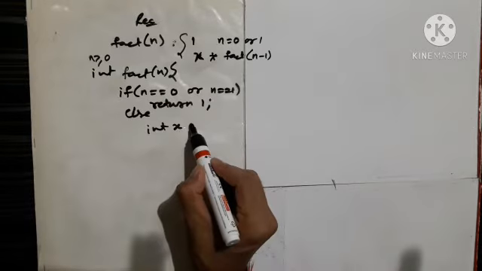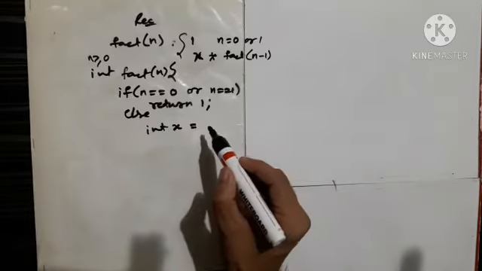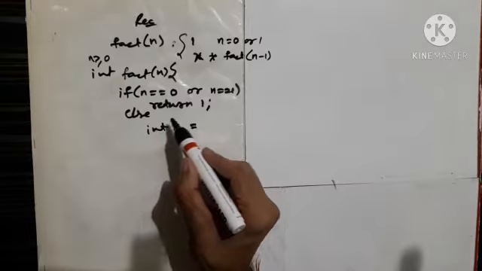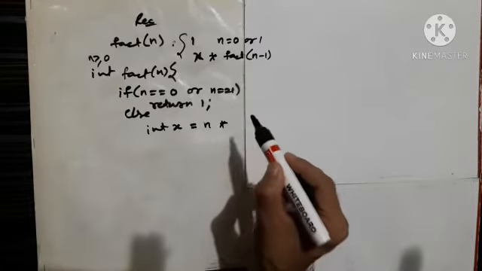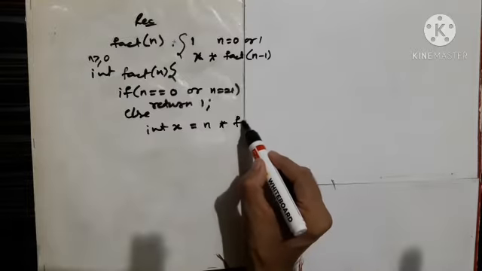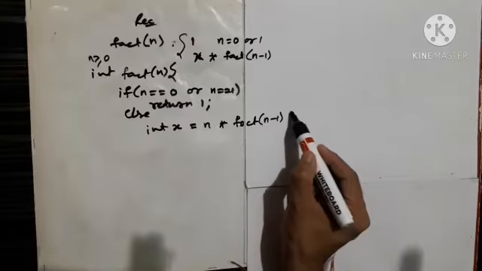In this x, I will simply store n into fact of n minus 1.